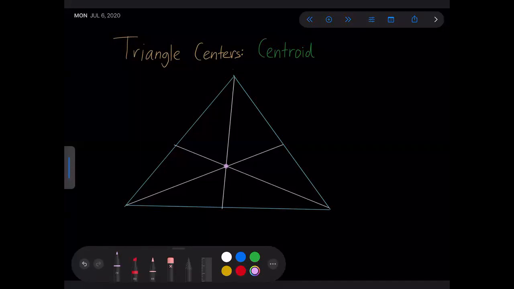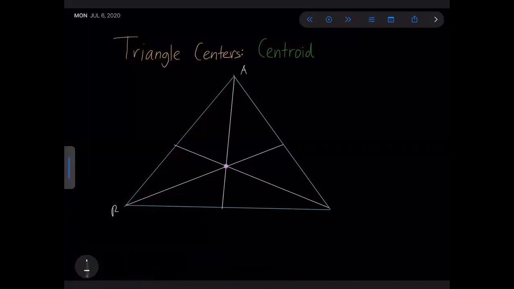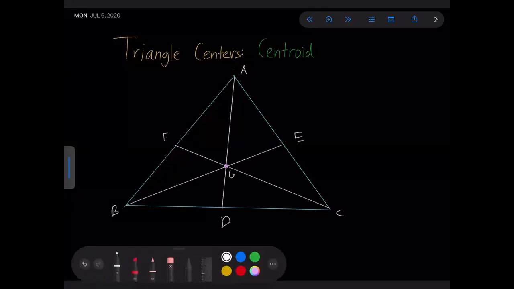So what we're going to do is we have this triangle. First, we label our points, A, B, C. We'll label these D, E, and F, and our centroid by convention is typically called G. So how to prove that they are concurrent?